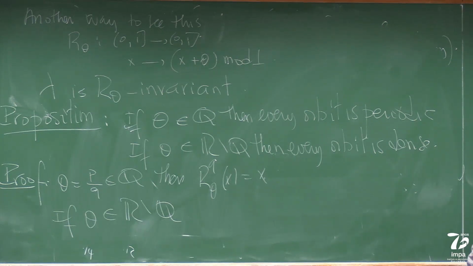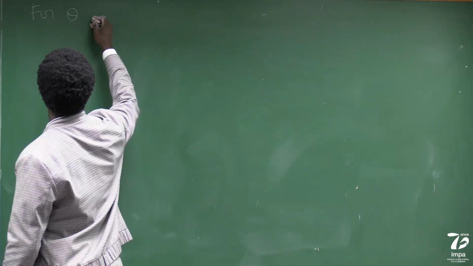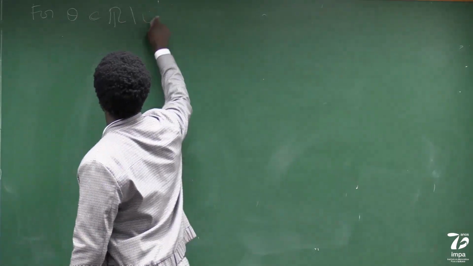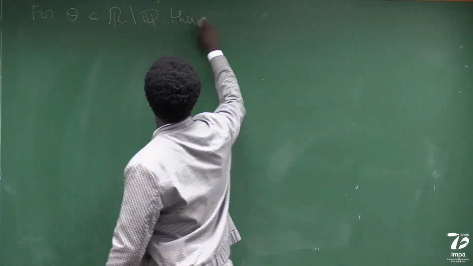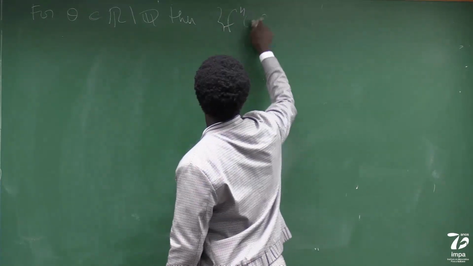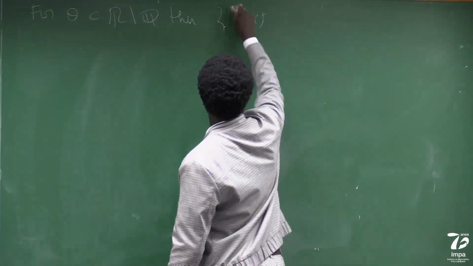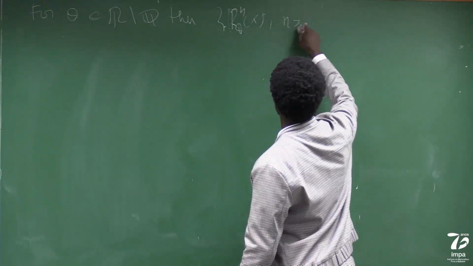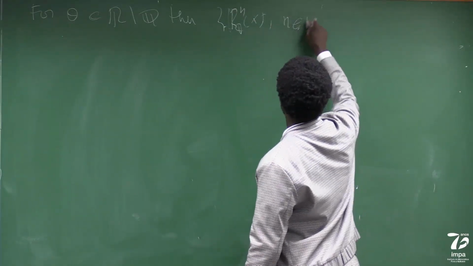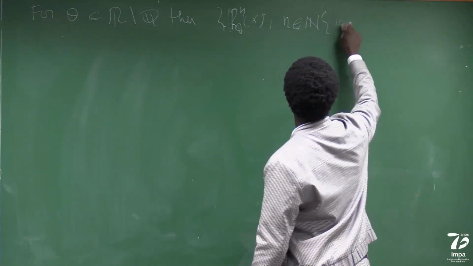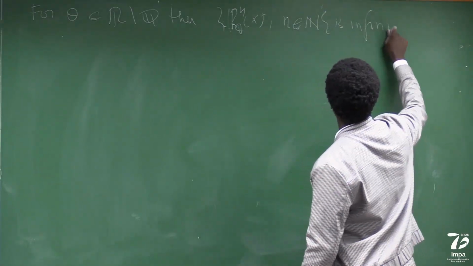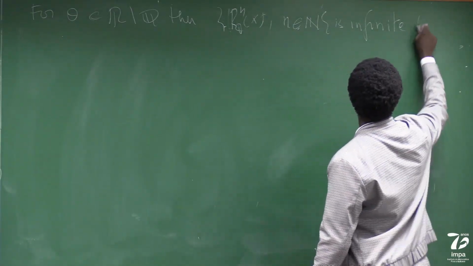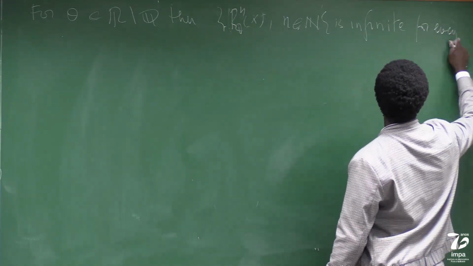So, for theta in R minus Q, the orbit {R_theta^n x : n greater than or equal to 1} is infinite for every x.